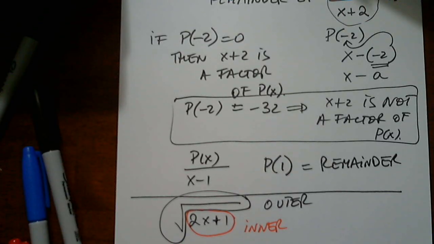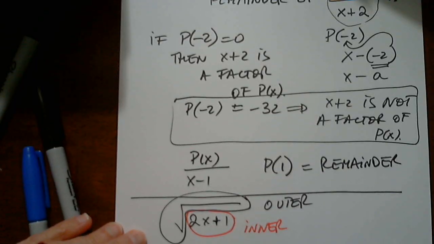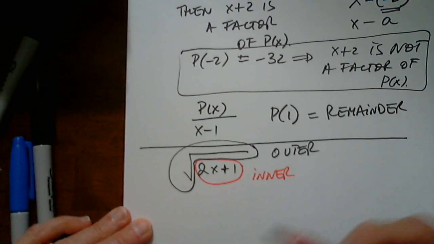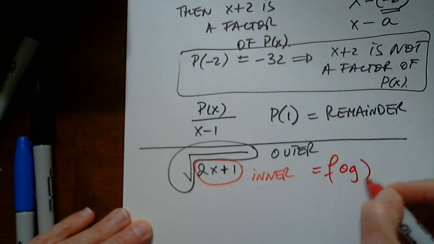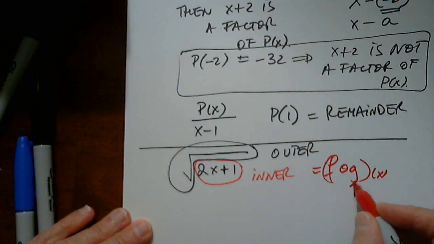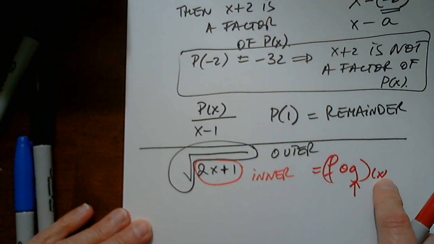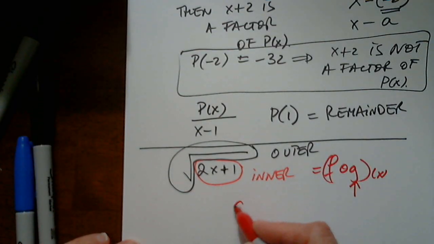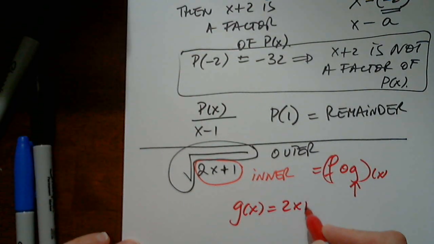Without this understanding, the inner and the outer, and there is more than one option, of course, but the inner is 2x plus 1, and the outer is the square root of x. So if we want to decompose this, I would say that this equals f of g of x. This must be the inner. If you want it the closest to x, that's what the g of x is.